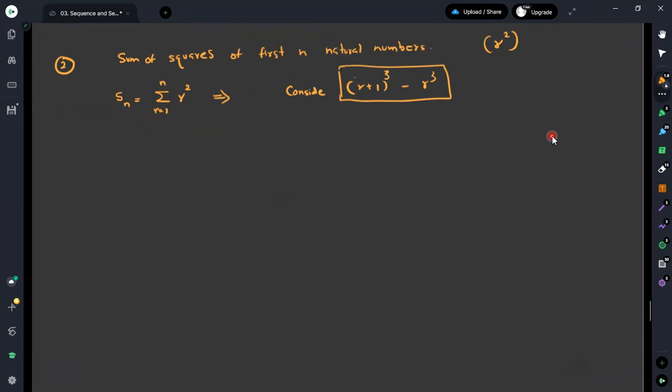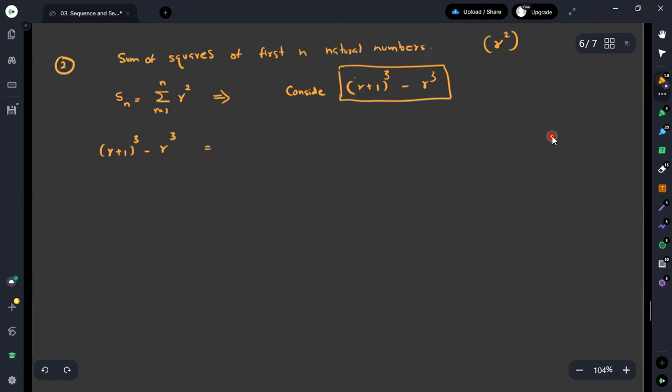Without thinking about obtaining an answer for r squared, we will start our calculation from taking the difference of the cubes of r plus 1 and r. Then we can take this value as r plus 1 to the power 3 minus r cube.